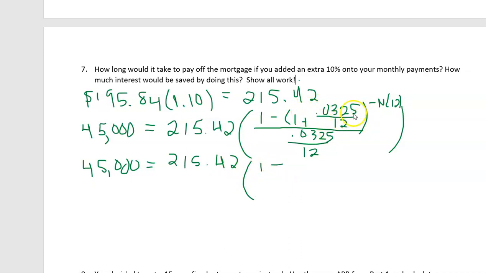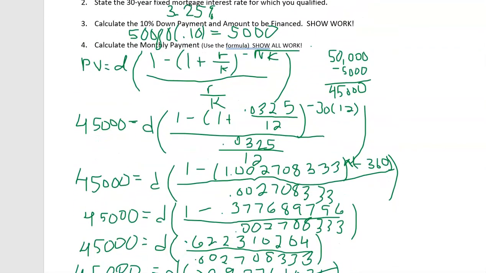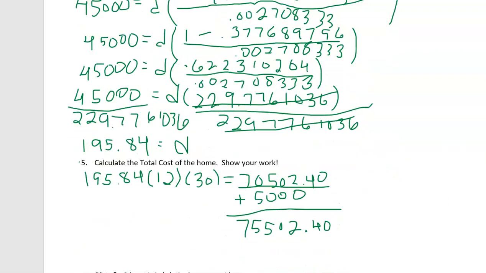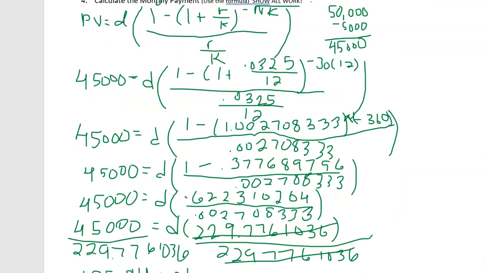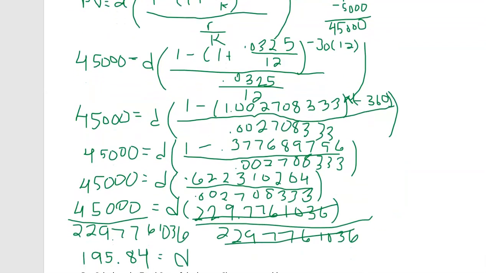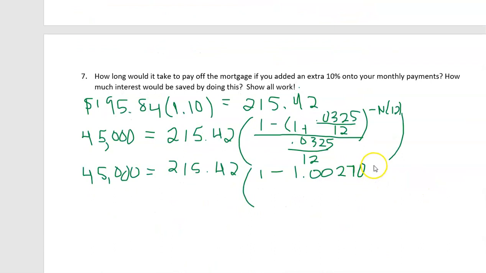One plus 0.0325 over 12 we've already done in our calculator up here, so I can bring that number down: 1.00270833.